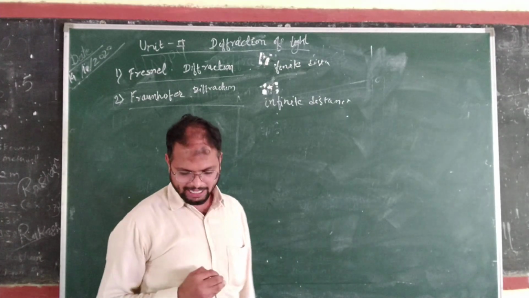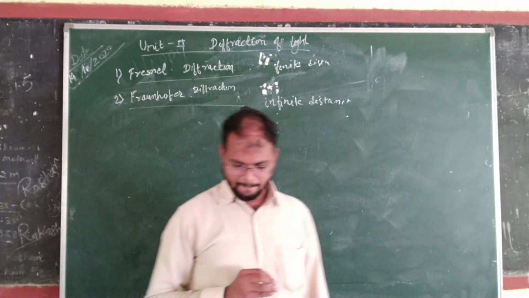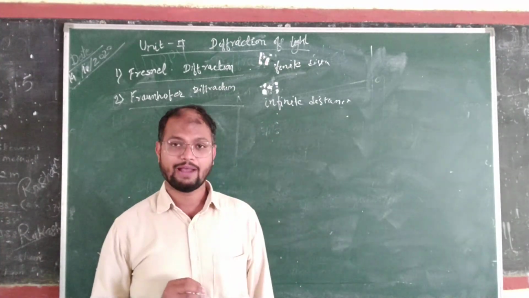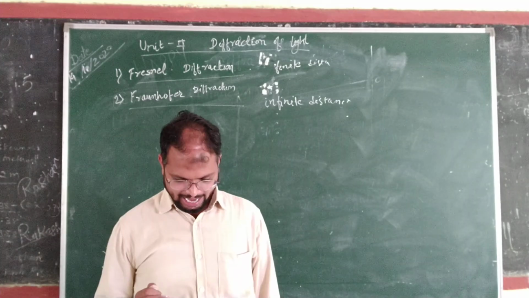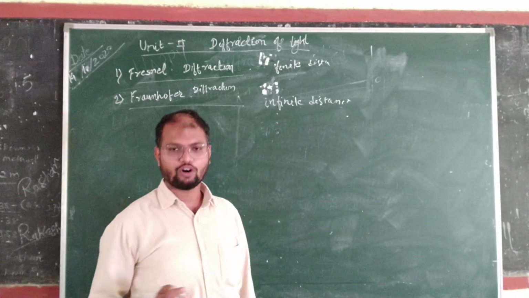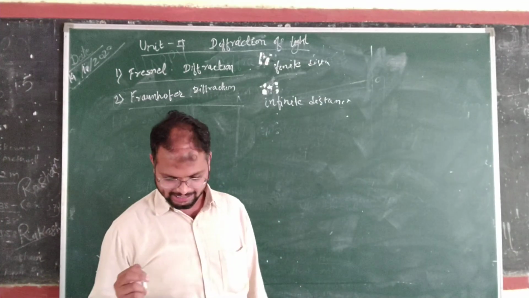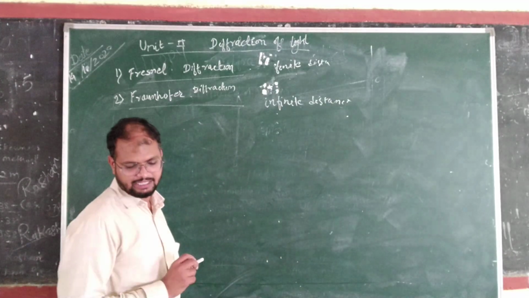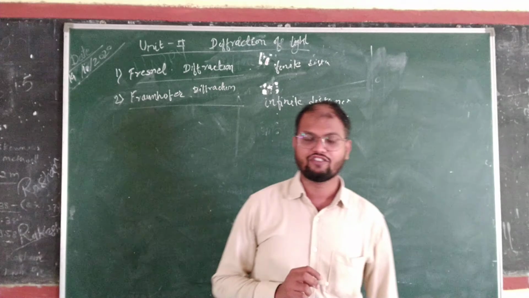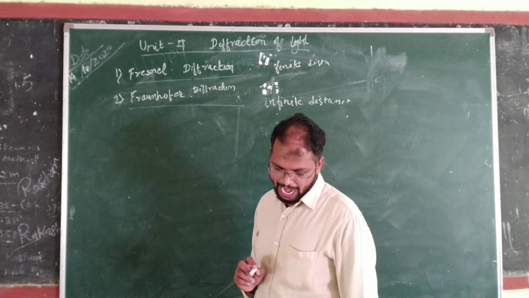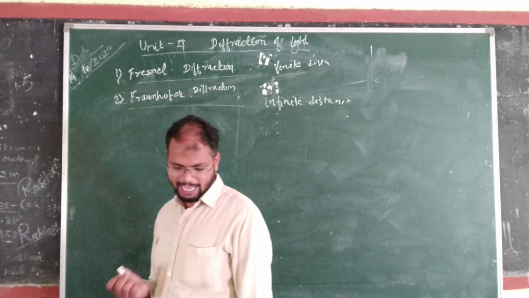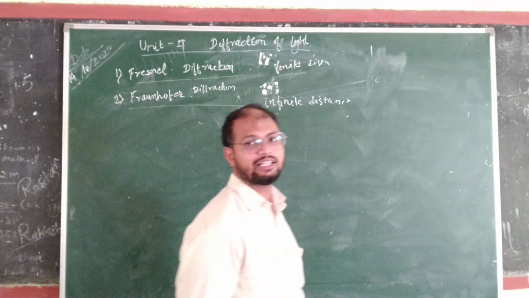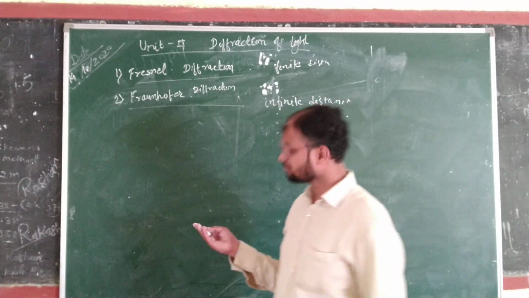The diffraction pattern can be observed by placing the source of light and the screen in the focal planes of two convex lenses. The first lens makes the rays of light parallel from the source, and the second lens, which is placed behind the aperture, makes the rays parallel for the screen.